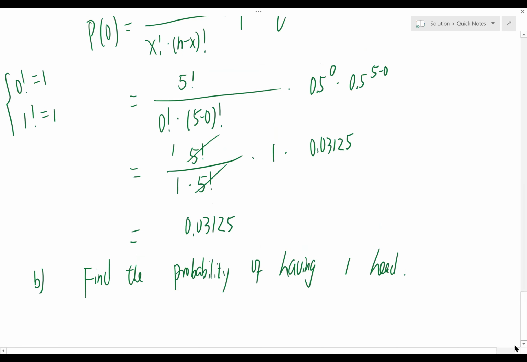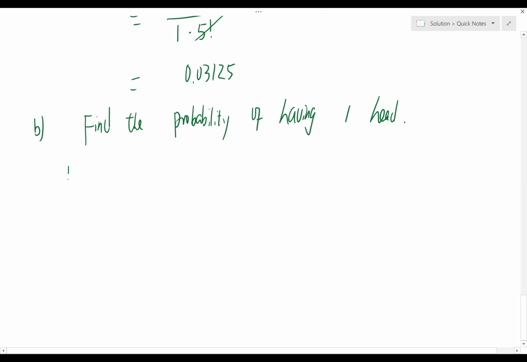So here we still have 5 trials. So n is equal to 5. And then x here is one success, one head, one success, x equal to 1. P, probability of success, probability of getting head is still 50%. Does not change.